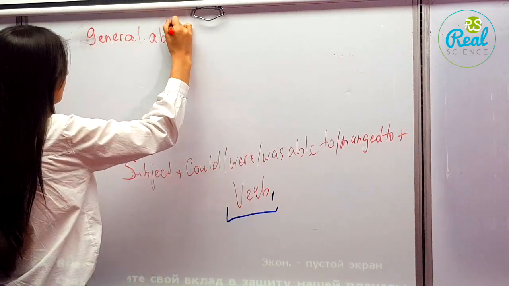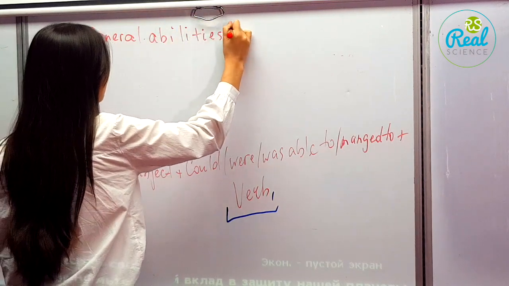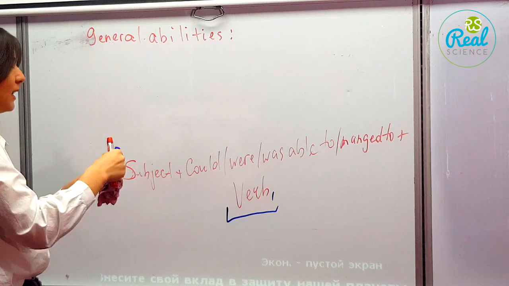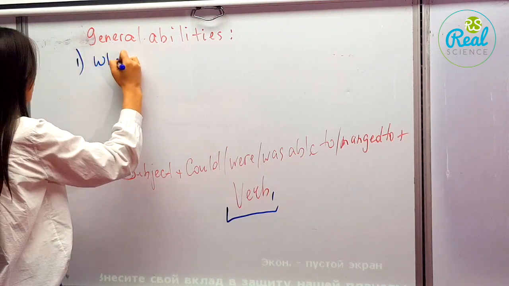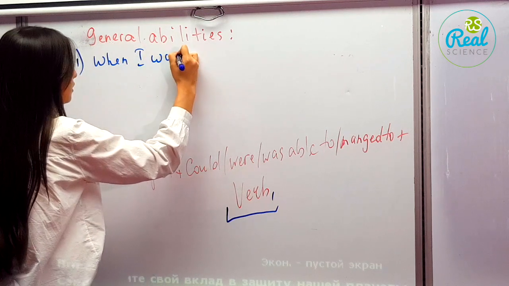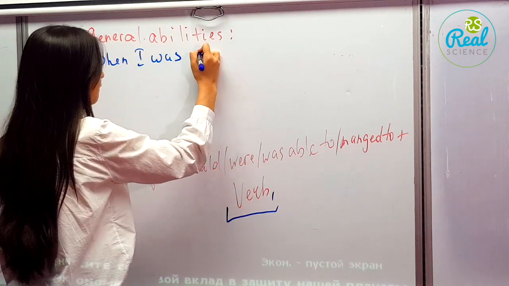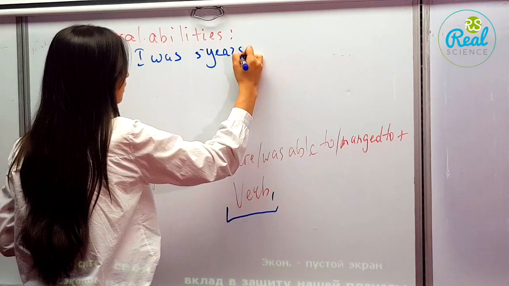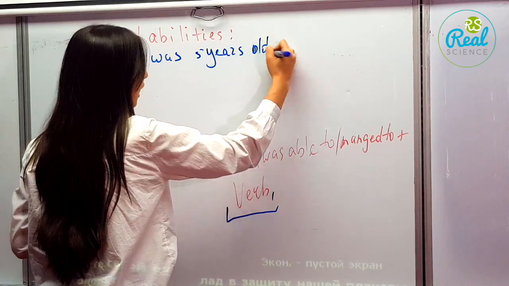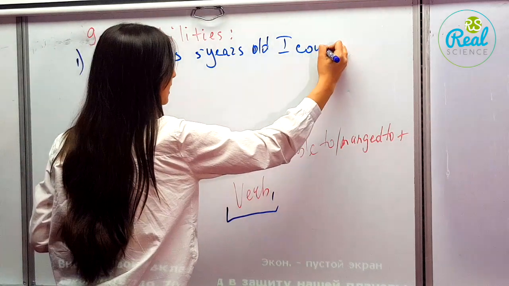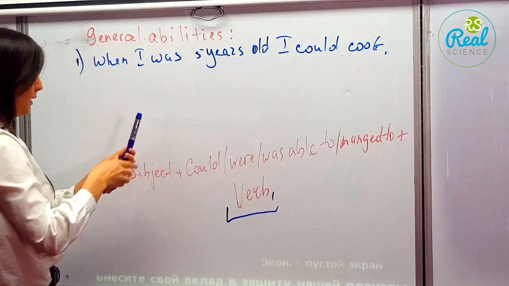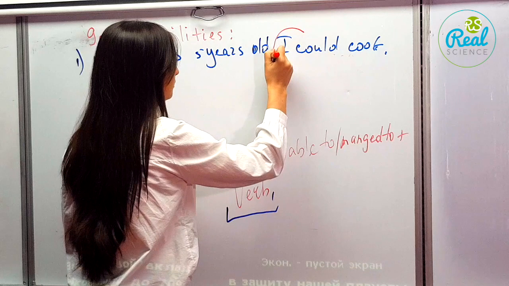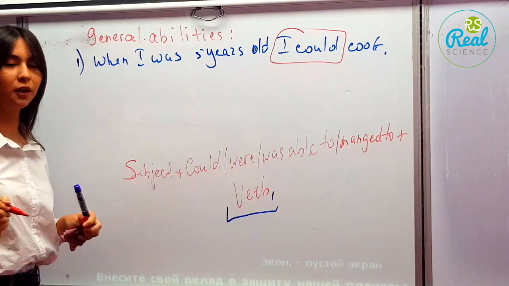I can do cooking. No, for the past. Yeah, let's do it like this. When I was, let's say, 5 years old, I could cook, yes? This is your general ability, yes, guys? I could cook.